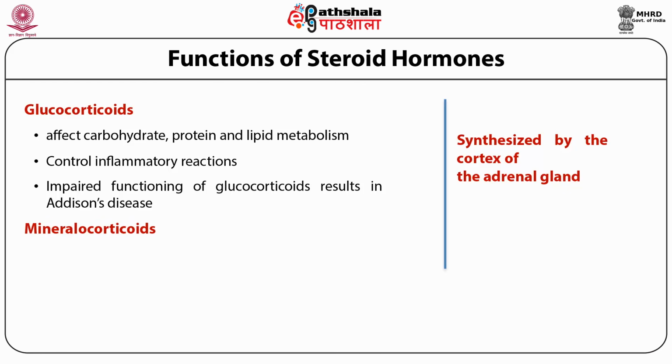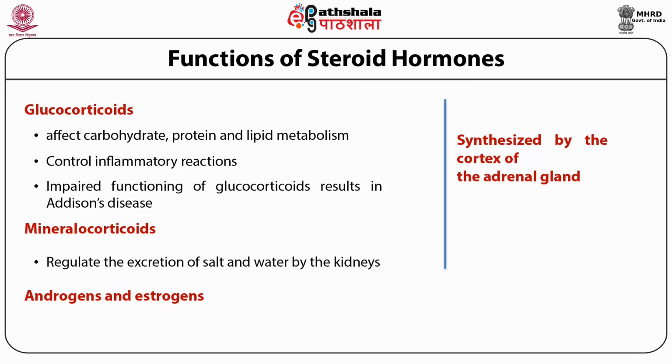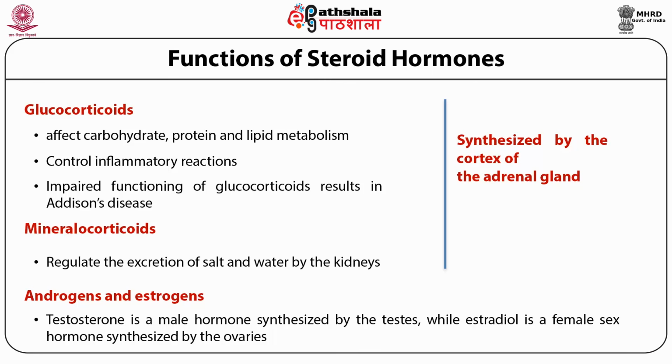Mineralocorticoids like aldosterone are involved in the regulation of the excretion of salt and water by the kidneys, while the androgens and estrogens like testosterone and estradiol are male and female hormones. Testosterone is synthesized by the testes, while estradiol is synthesized by the ovaries.